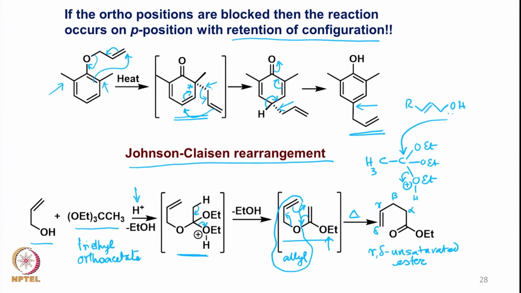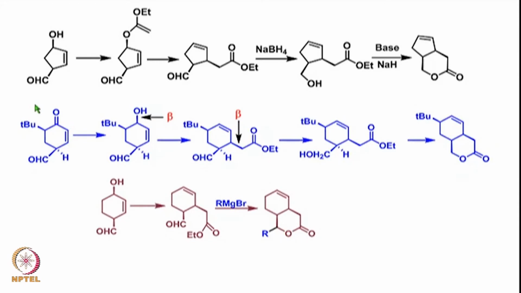Now there are very many applications of such substrates in the literature, and a couple of them we will try and look at. For example, if you start with a substrate like this and allow it to react under Johnson-Claisen rearrangement conditions, then we expect this type of intermediate to form first, which will undergo Claisen rearrangement to lead to the formation of this gamma delta unsaturated ester.